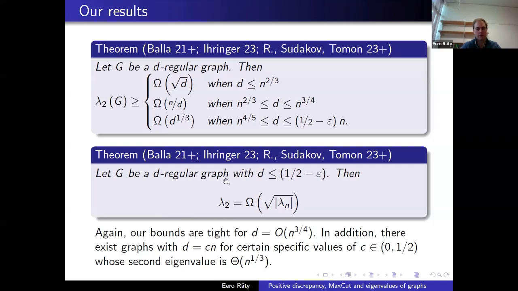This can also be derived from a result of Ferdinand Ihringer, which was published last year. So Igor then made the observation that lambda 2 has to be at least d to the 1/3.